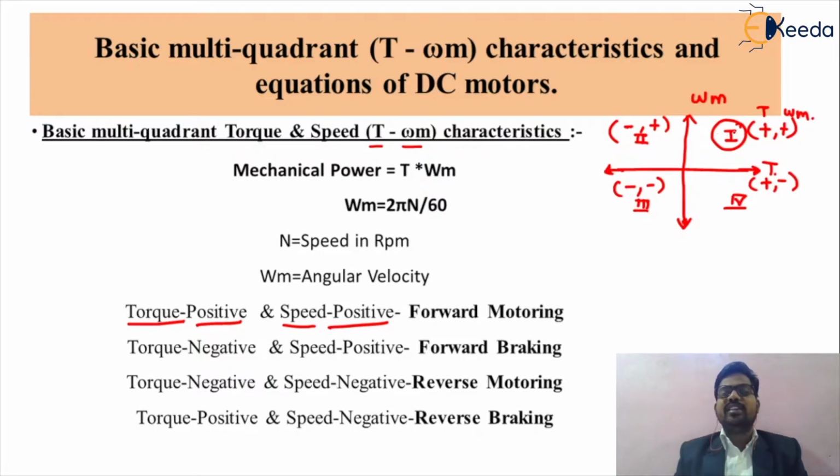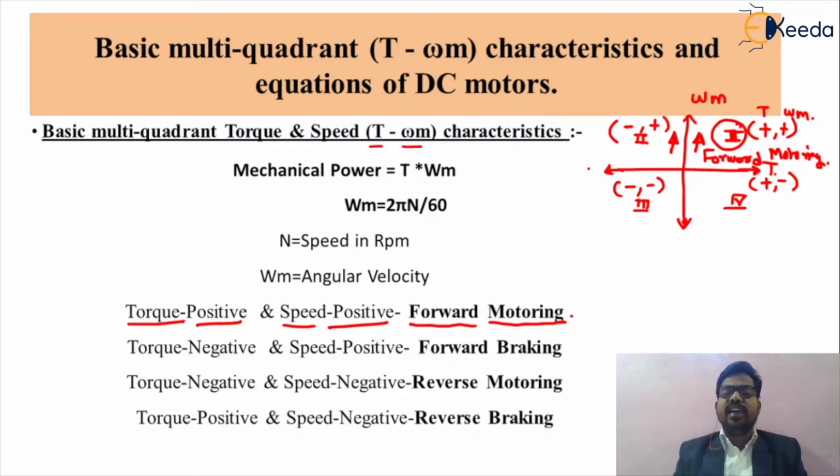This is called the first quadrant of operation, which is forward motoring, because in motoring mode the electrical energy is converted into mechanical energy in the forward direction. So the first quadrant of operation is called the forward motoring mode of your DC motor.